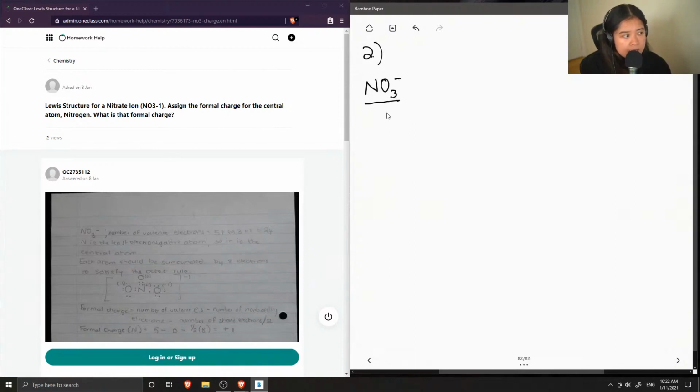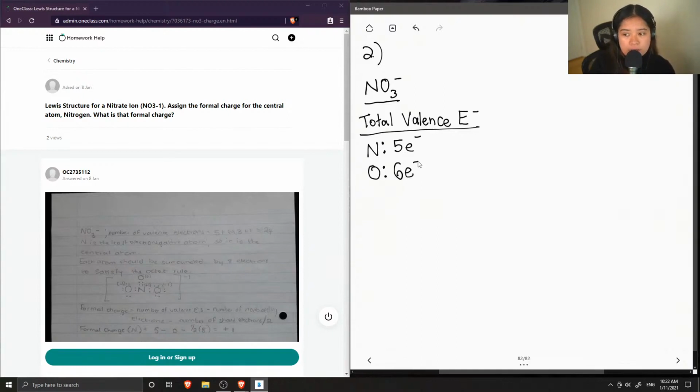So for Lewis structures, we first need to figure out the total number of valence electrons in this ion. In the case of nitrogen, there are 5 valence electrons. And in the case of oxygen, there are 6 valence electrons in a single oxygen atom.